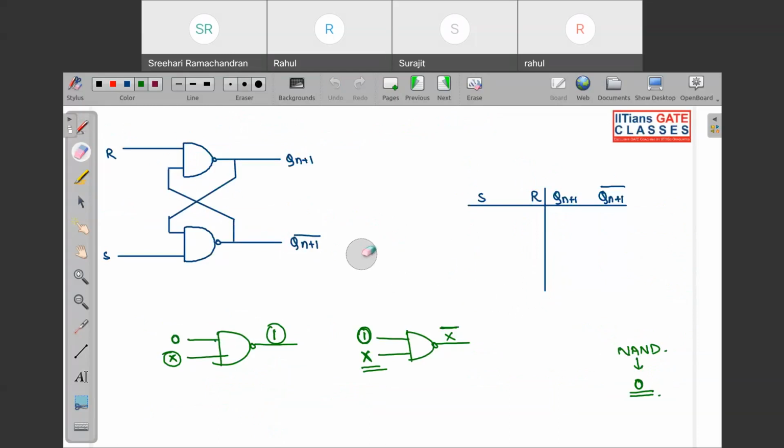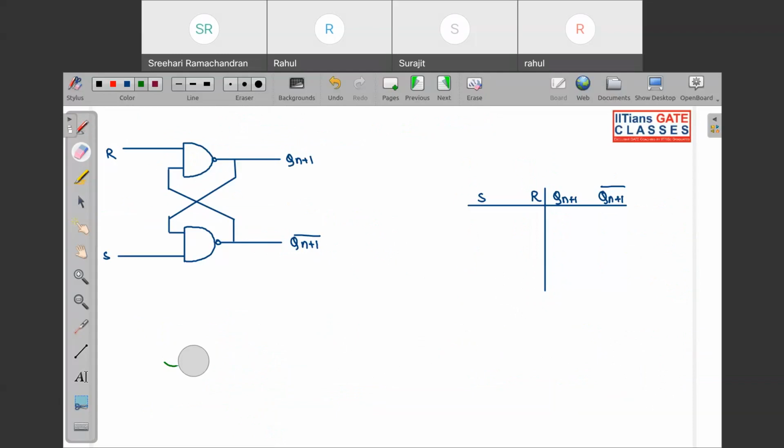In NAND, we basically have more priority towards 0, but even if we don't understand this, I will show you one more concept with the help of which you will be able to understand. Look very carefully, but just remember this thing, it will help you.